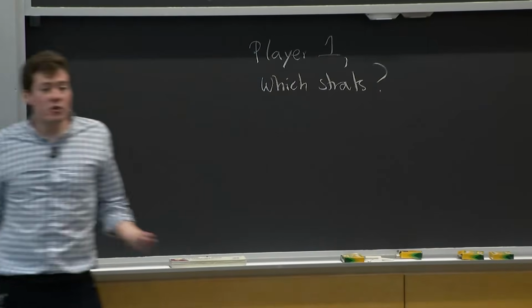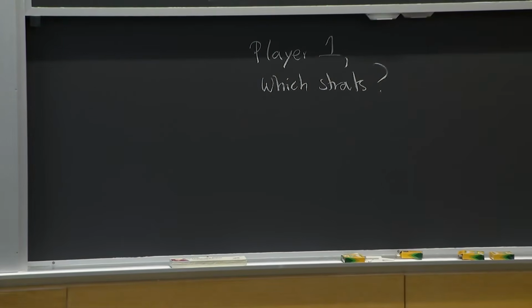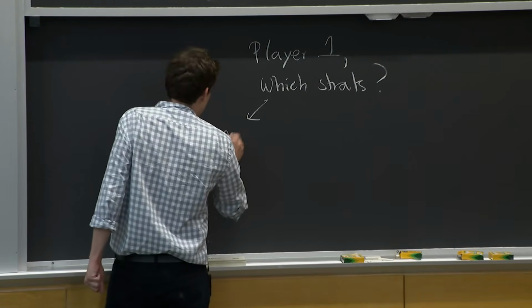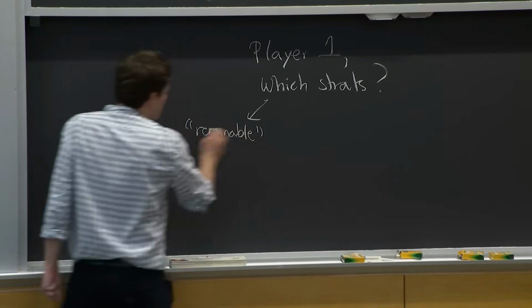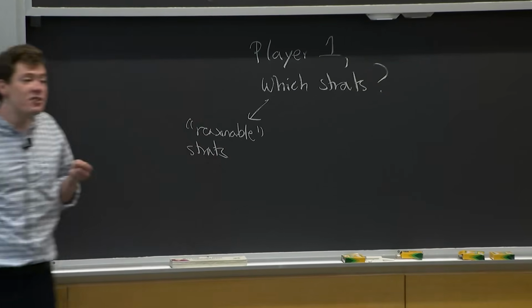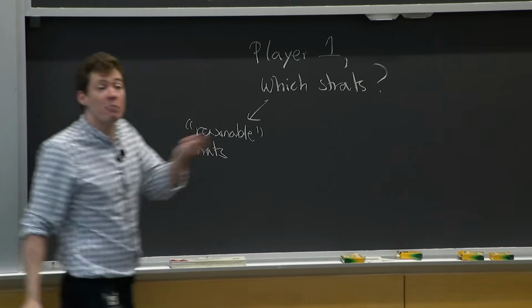Well, one thing you could do is you could start with sort of the good strategies, okay? And maybe I'll call them the reasonable strategies. This is not really a formal term, but I'll just say reasonable strategies. And these would be the strategies that are best responses to some belief.